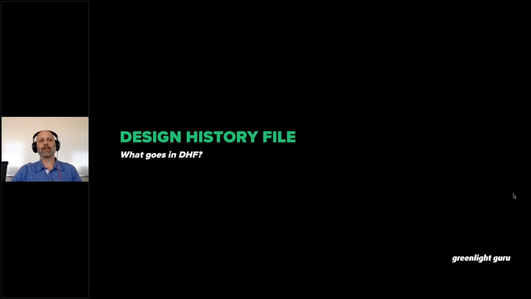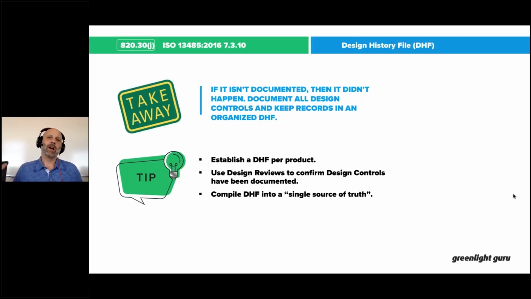Now, design history file, what's in, what's out, what does that include, all that sort of thing. Up until the 13485 2016, the ISO standard didn't really talk about what a design history file is, and now in the current version of that standard, it does talk about the results of your design and development efforts need to be maintained within appropriate documentation and files and so on.